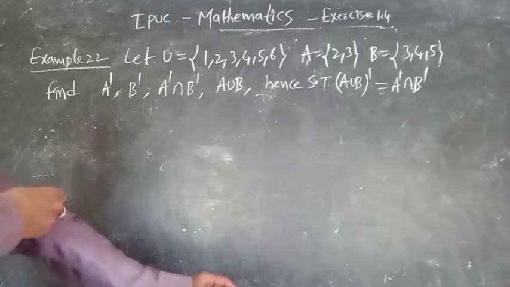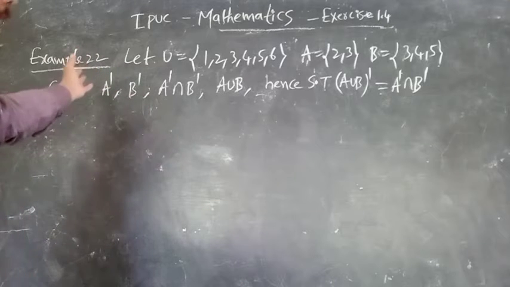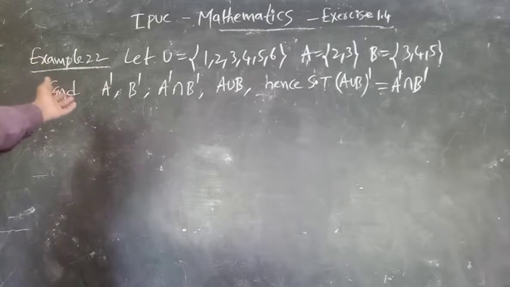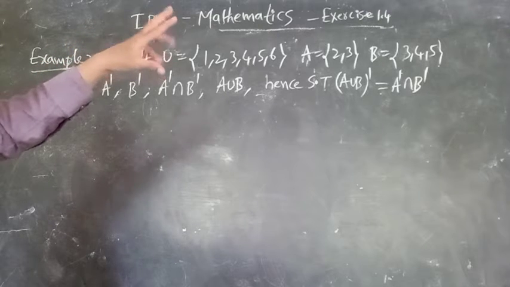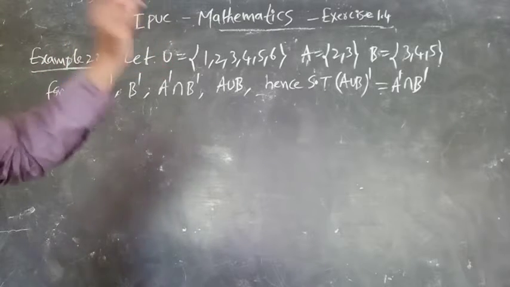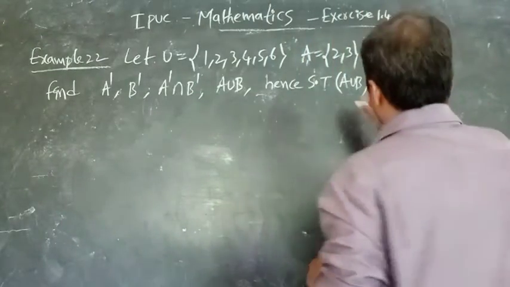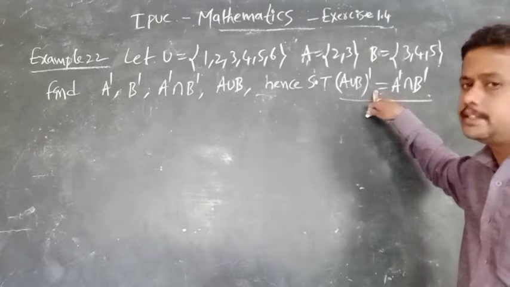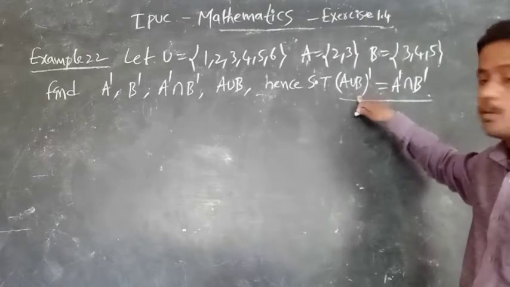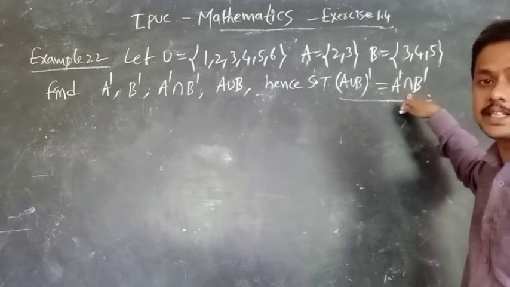Let us do the next problem, example 22. By using this example, we will prove one property: A union B whole dash equals A dash intersection B dash.